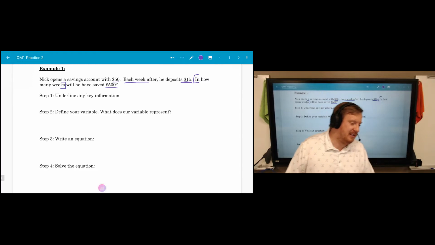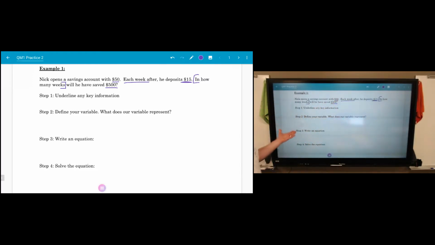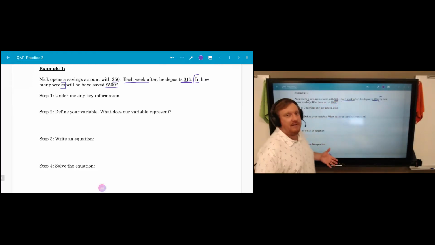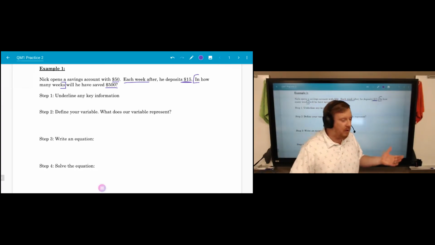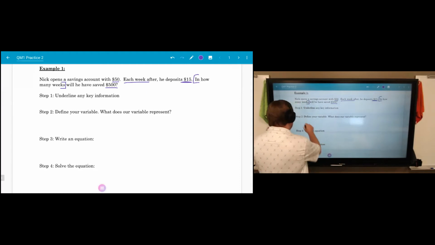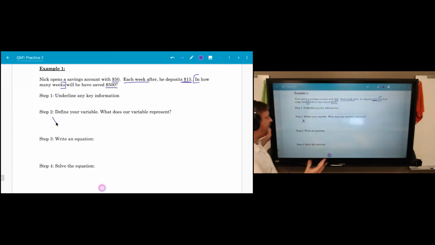Okay, so let's do this here. We've underlined key information. Define your variable. I'm going to get real creative. As a math teacher, I'm really into creativity. I'm going to pick a random letter. Let's go with X. We've chosen our variable. What does our variable mean?